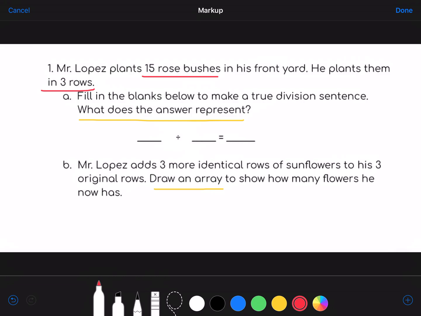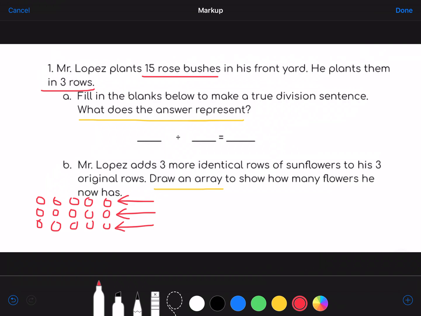So I'm going to start by drawing 15 rose bushes, and every time I get to 3, I'm going to move up and start putting them in the rows over again. So we've got 1, 2, 3, 4, 5, 6, 7, 8, 9, 10, 11, 12, 13, 14, 15 rose bushes, and those are each in 1, 2, 3 rows.